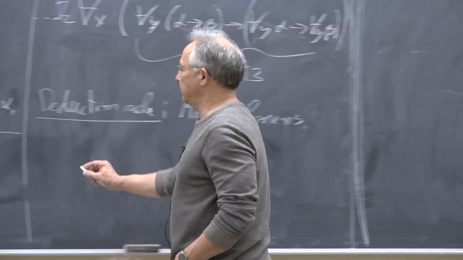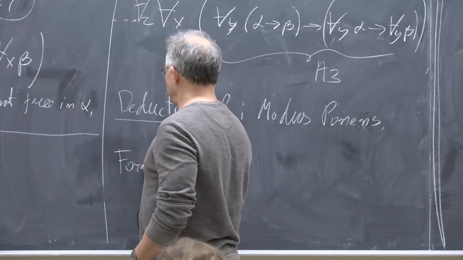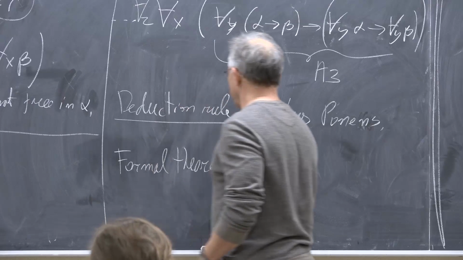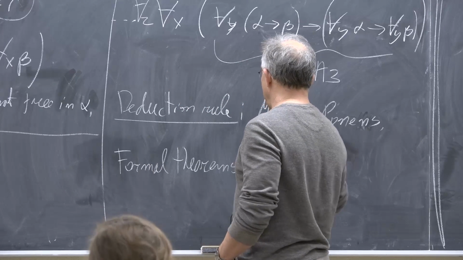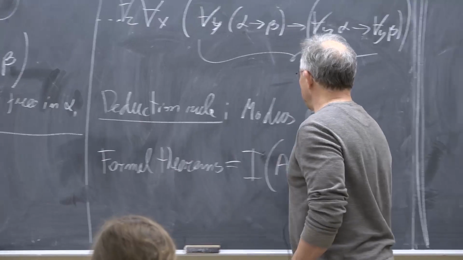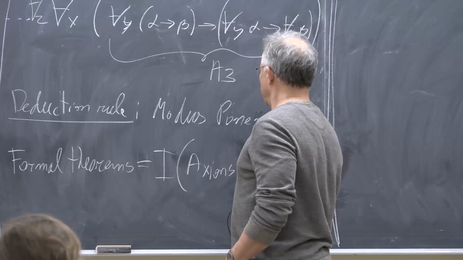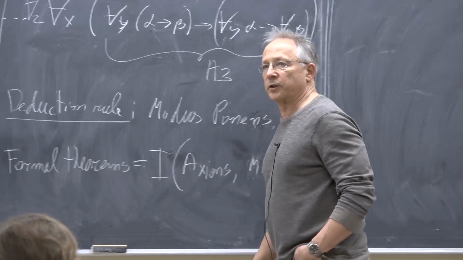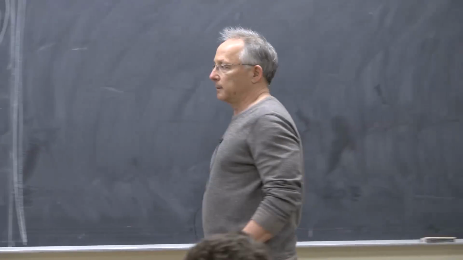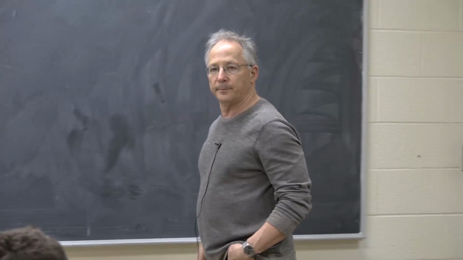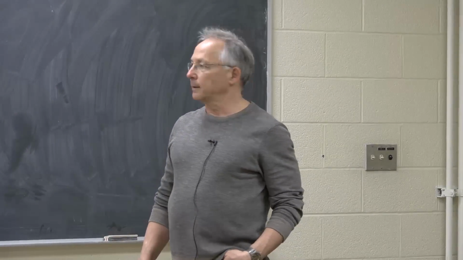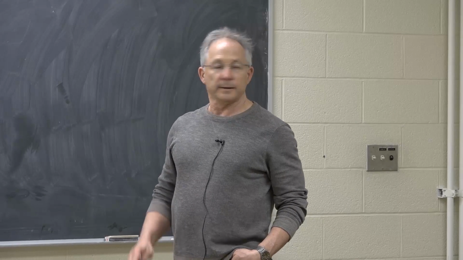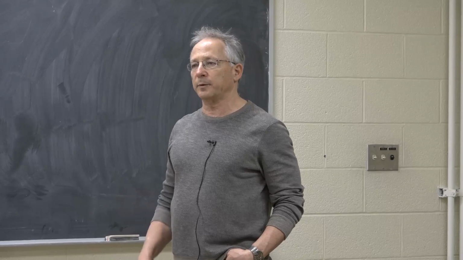So the formal theorems are I of the axioms and modus ponens, just like we had in propositional logic. So a formal theorem is anything that we can generate by starting with axioms and using modus ponens.